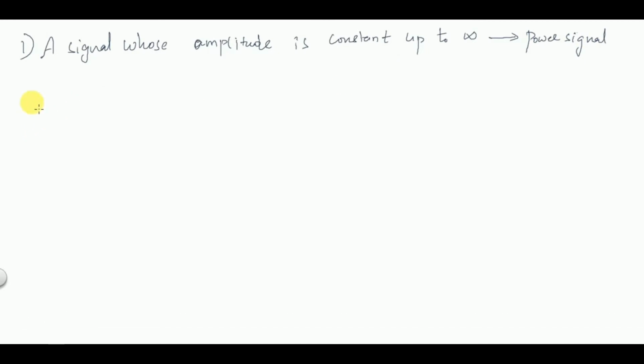For example, suppose you have A into U of t, where A is the amplitude of the unit step signal. A into U of t maintains a constant amplitude of A right from 0 to infinity.